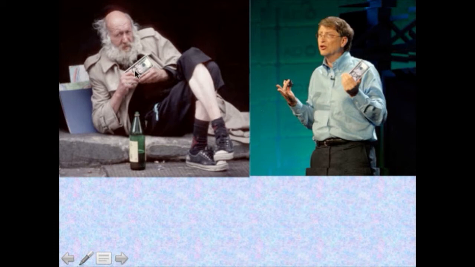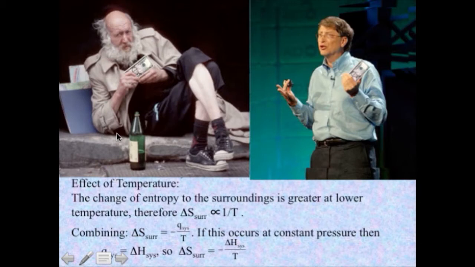And of course, it's the homeless person, because he doesn't have any money, and giving him $5 is a big deal. Whereas for Bill Gates, he'd probably turn around and give it to the homeless person as well, right? So, the effect of temperature on entropy is a factor. The change in entropy of the surroundings is greater at lower temperature.